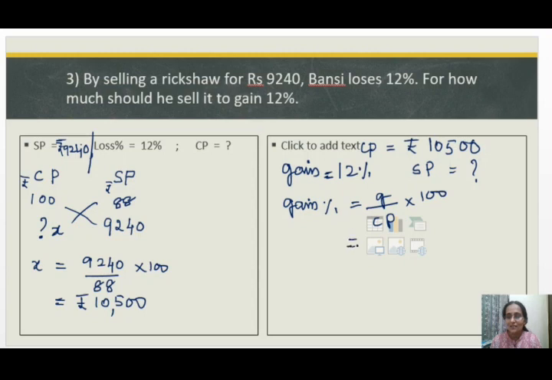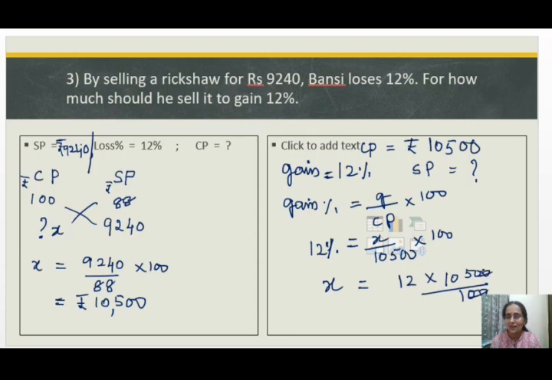So let me write first, let the gain be x. x by 10,500 into 100 is 12%. We have done such a sum in the previous question. So the value of x I'll write directly: 12 into 10,500 divided by 100.